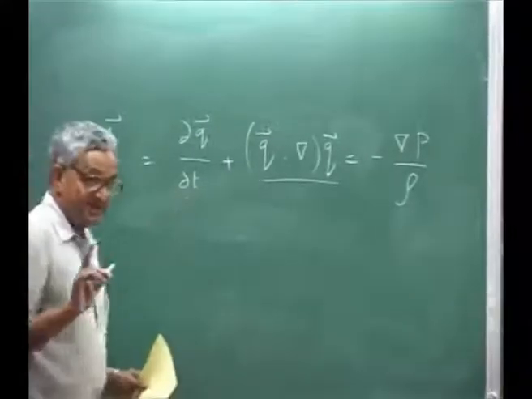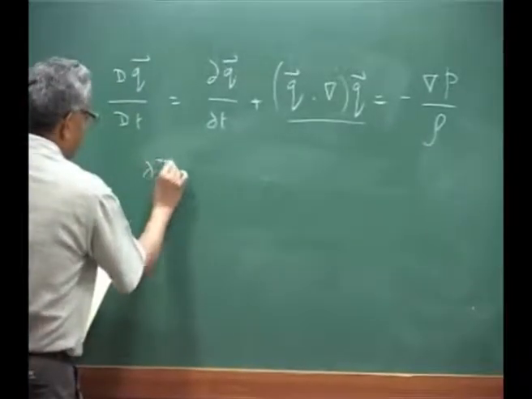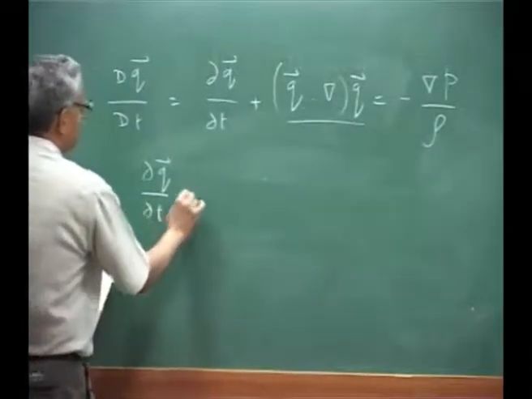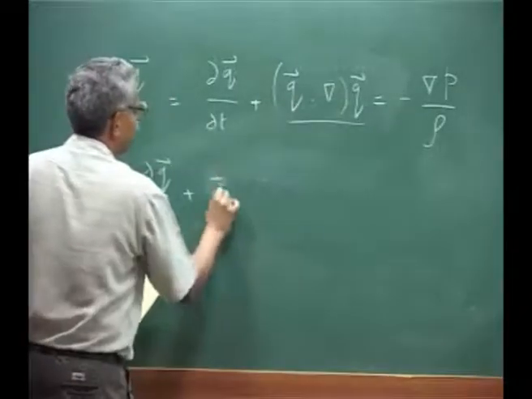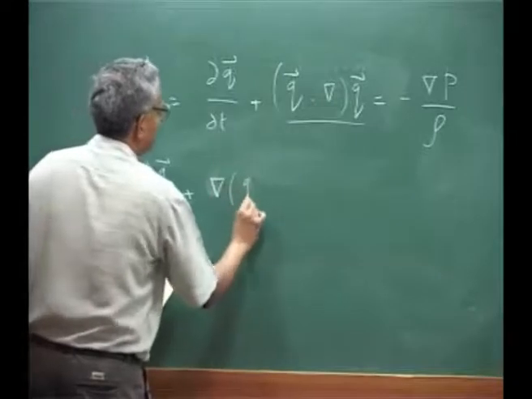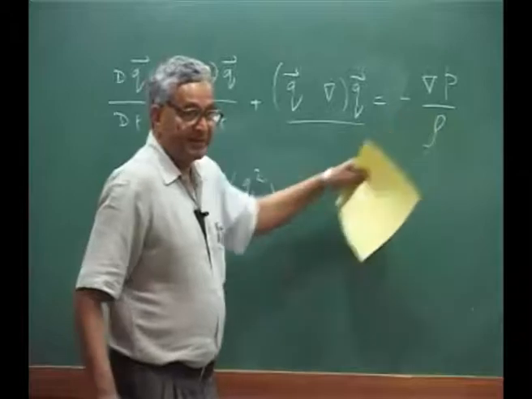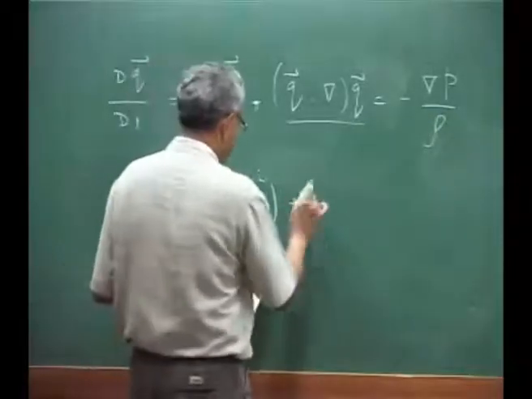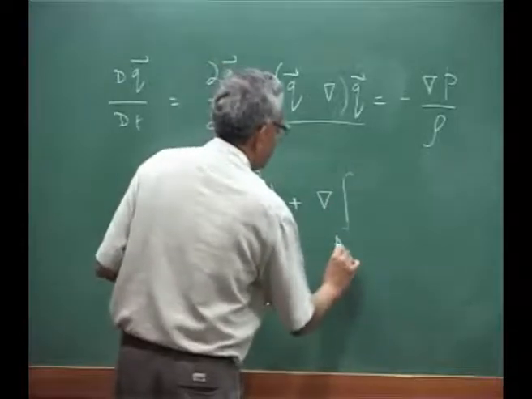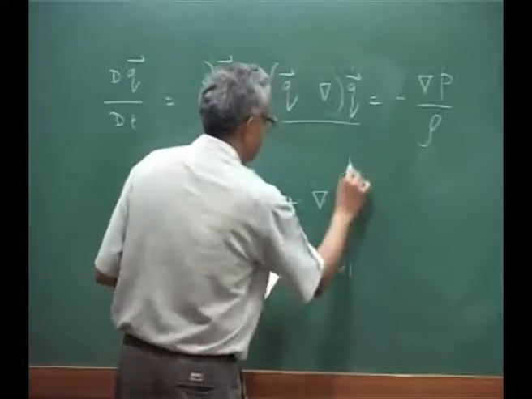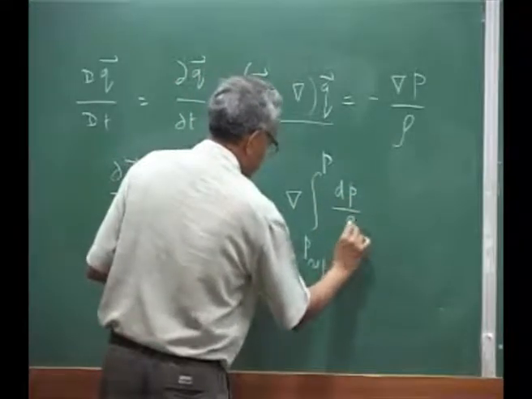You can write it in a different form, that is delta t plus q, this we wrote as del of q square over 2. This term can be written, because you have to know how to write, because this is again some p reference to p, dp by rho.